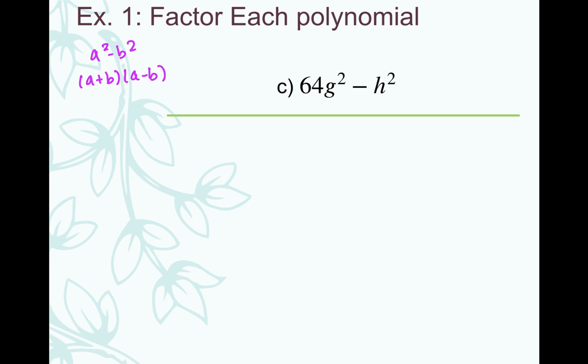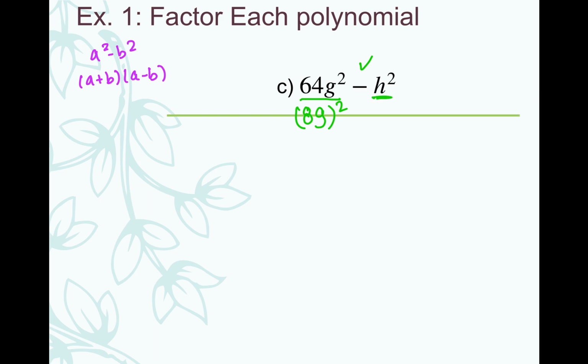Okay, let's go over this one. First of all, it is a difference problem. It's a difference of two squares. Well, let's see, 64g squared. 64 is a square, that's 8. G squared is a square. 8g quantity squared would be 64g squared.